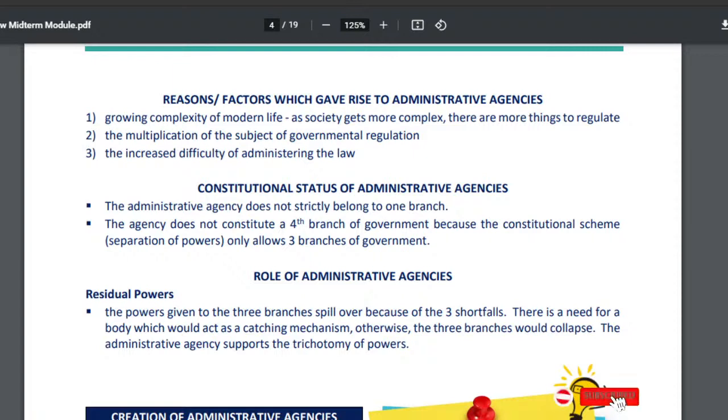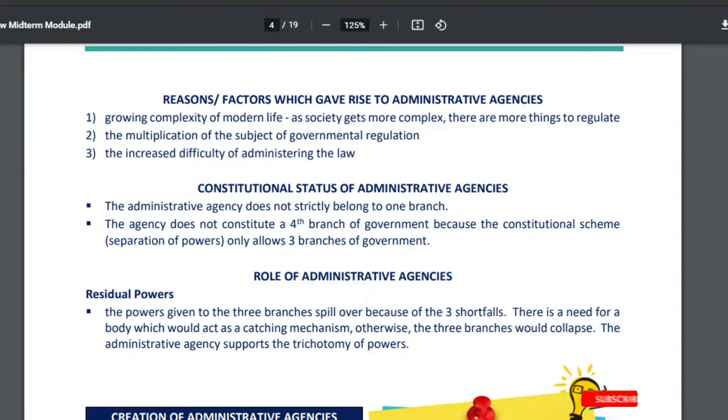Okay? And then we have here the constitutional status of administrative agencies. So the administrative agency does not strictly belong to one branch. Why? Because administrative functions can also be found or practiced in other offices in the legislative branch and in our judiciary. Okay?